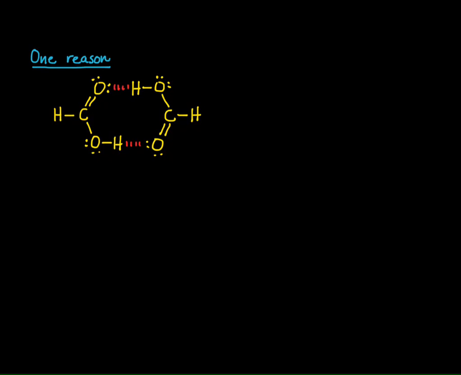And this certainly happens. We can actually determine this spectroscopically. This is called dimerization. So when two carboxylic acids, especially simple carboxylic acids, are interacting with one another, they can dimerize, and this really stabilizes the S-cis conformation of that carboxylic acid.